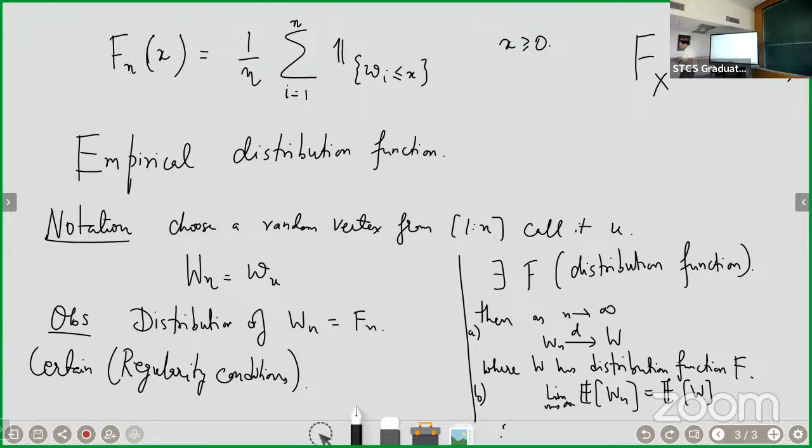So these two regularity conditions are needed for analyzing this graph generation model. We do certain more things, but we'll skip those.